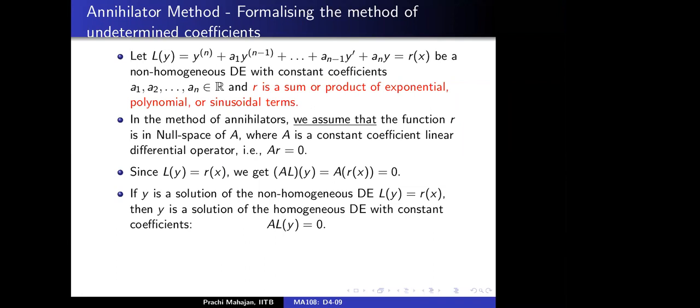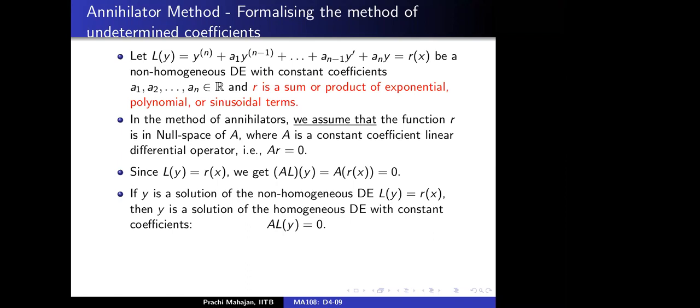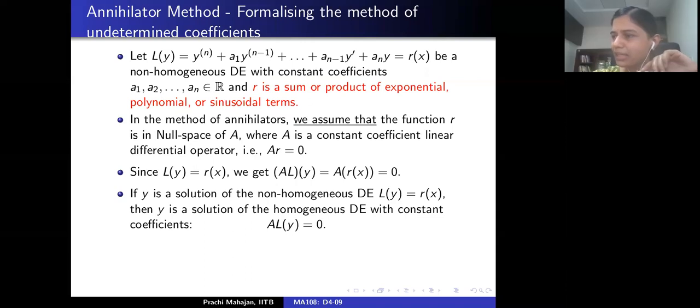L is constant coefficients, right? Isn't this a very specific kind of method? What I am trying to say is, given L with constant coefficients and R with exponential, polynomial, sine, cosine, or their sum and product, you know how to apply the method of undetermined coefficients.